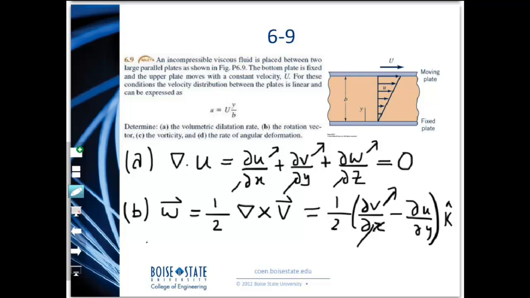So what you end up with is half times minus dou u dou y, and we know the function for u, so this is a simple derivative. So minus u over 2b, the k component. That's your rotation vector.